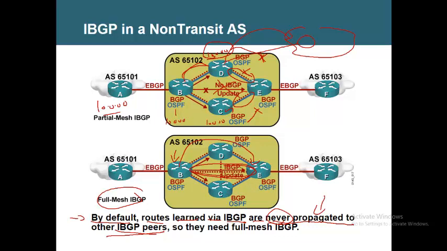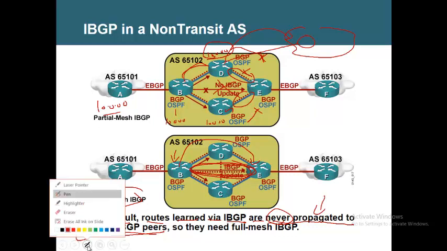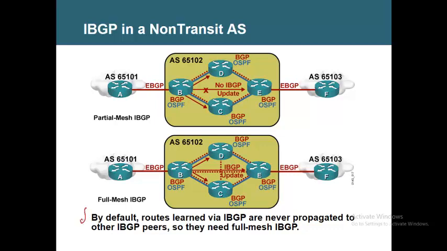Only when you have IBGP peering directly with this guy will B directly give to E. So in order to solve this limitation, we need to have full mesh. Why do we have this limitation in the first place? We'll talk about that later. But now my question is, did you understand this limitation? And did you understand why we need to have full mesh?